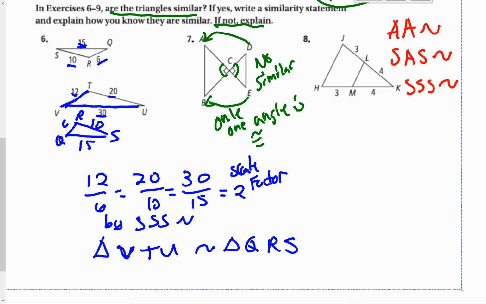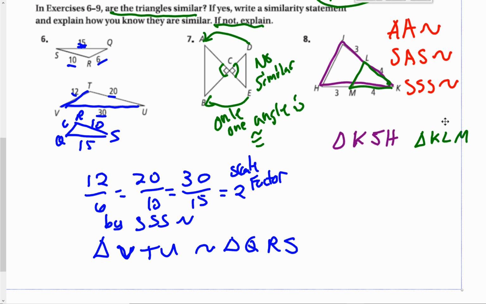Okay. Third one here. Okay, so here's a little bit tricky. We have this big one, triangle JKH, and then we have this smaller one in here, triangle KLM. So now we have our angles kind of matching up here, and we want to prove that this is similar.